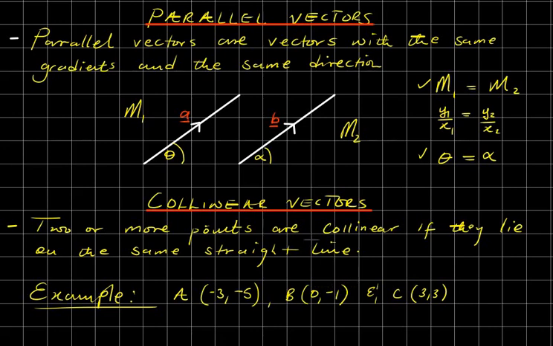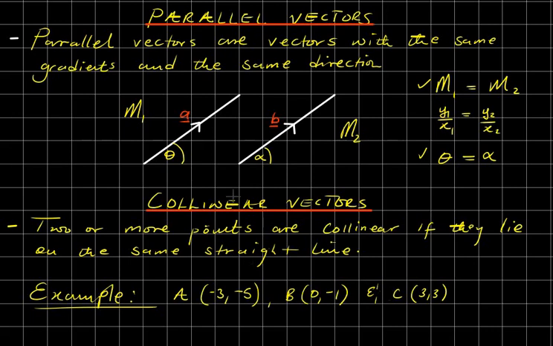In order for us to be rest assured that these points are collinear, they must have the same gradient. If we join point A and point B with a straight line and find the gradient for that line, we must get the same gradient if we join point B with point C. So the line AB must have the same gradient as the line BC.